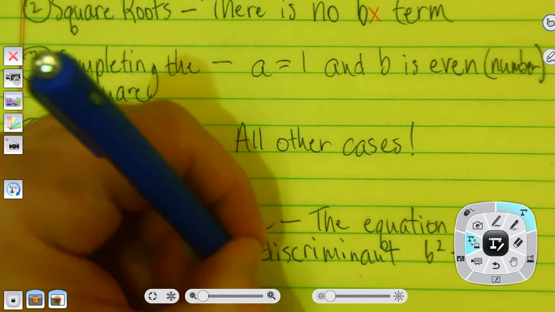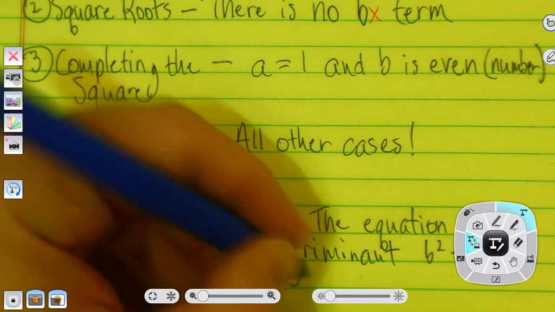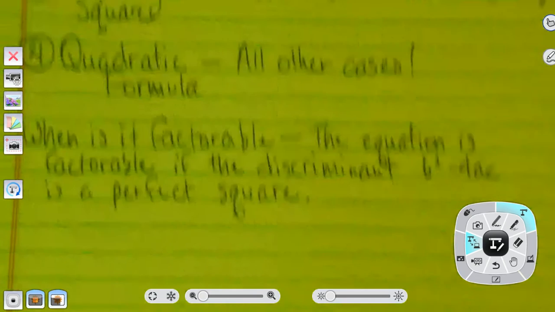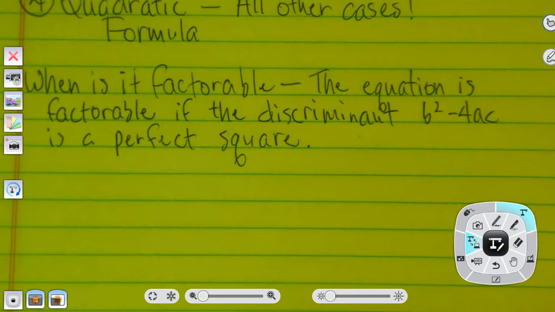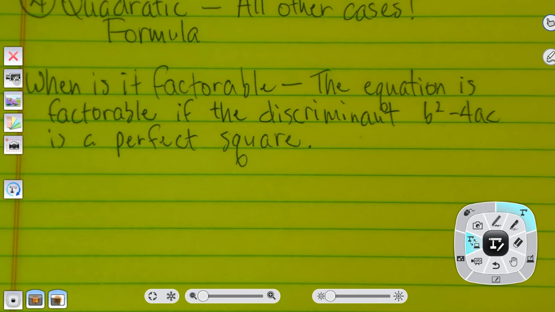So if that discriminant is a perfect square, it can be factored. I want to look at some examples of which method is best and how to choose it.